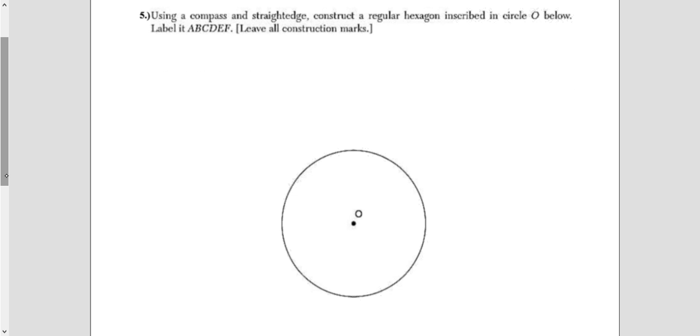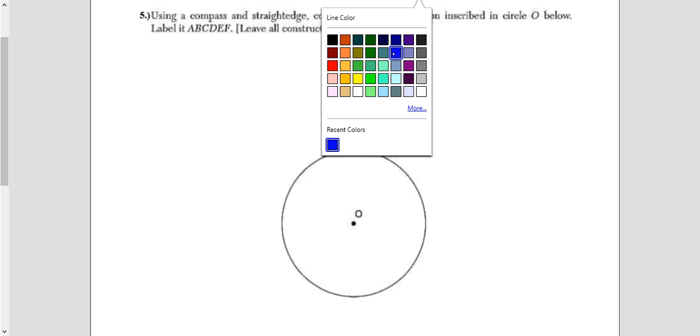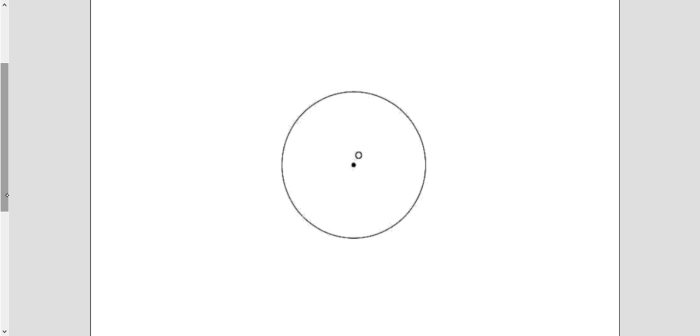Yeah, another hexagon, but we have to do something with it. And then there's a follow-up question. So I think you guys know how to do a hexagon, so I'm just going to start cranking through this. Okay. So a little angle there.